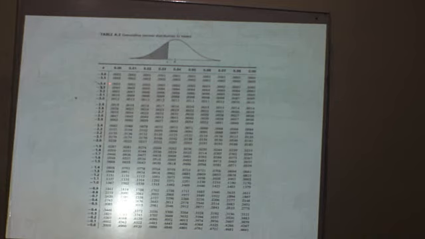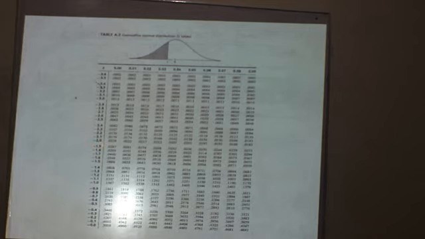We trace it till we get to negative 1.9 on the Z distribution table, and here this is negative 1.9.